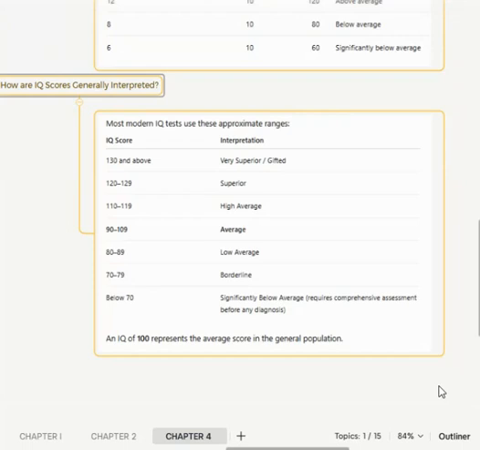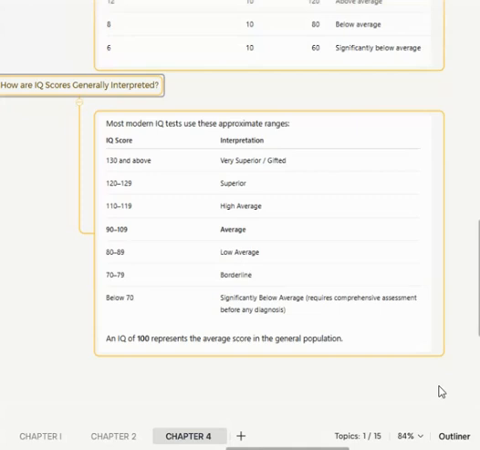Yeah, I know, sir. I understand that. But the format, the questions, where can we get that? You want to know about the form, right? The format of the IQ test.